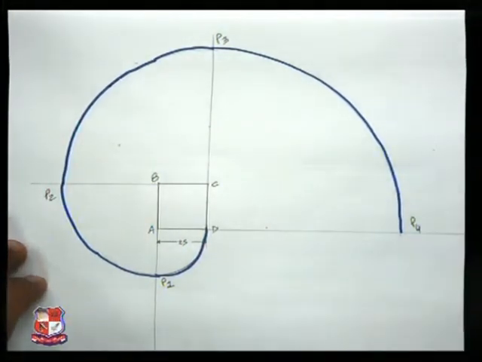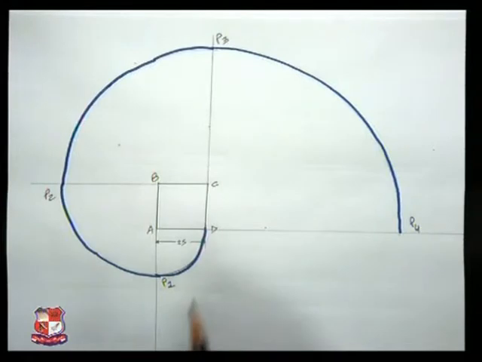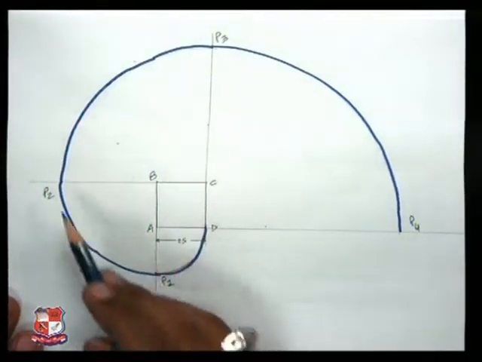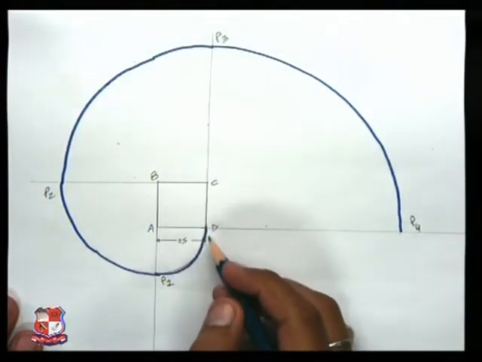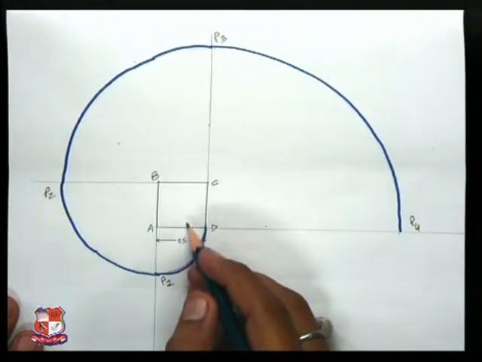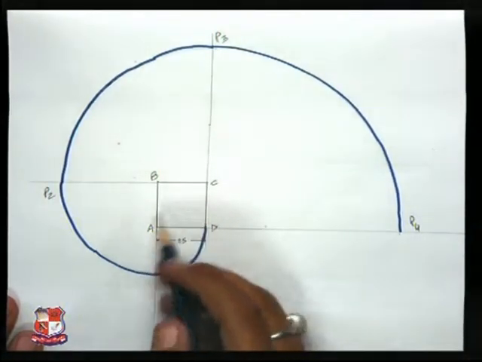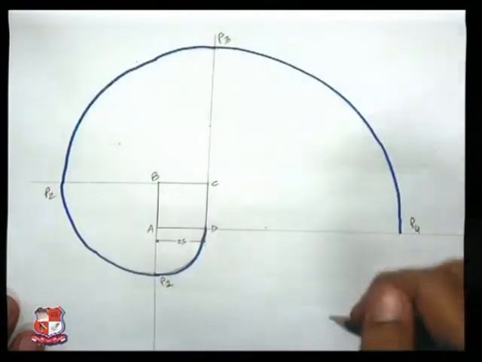Name this as P4. So this is the curve called involute. It indicates that when we have unfolded this square into a string, it will capture a curve like this.